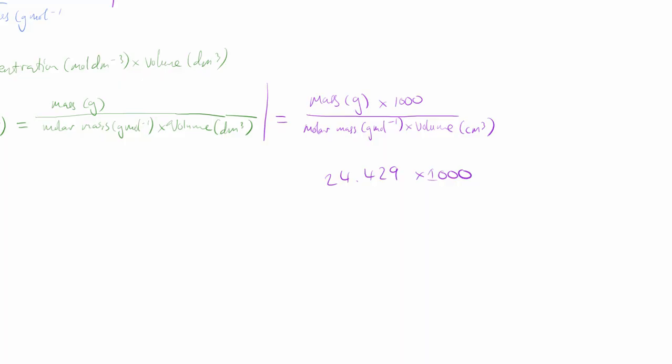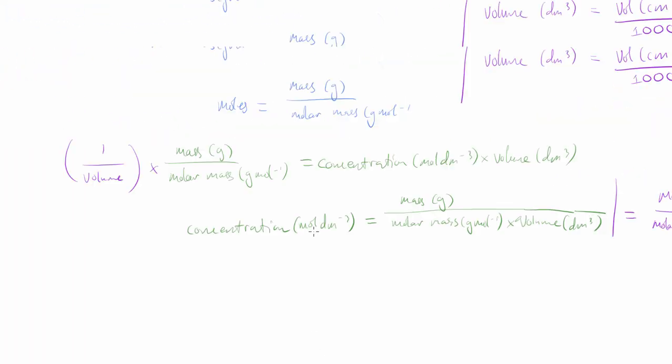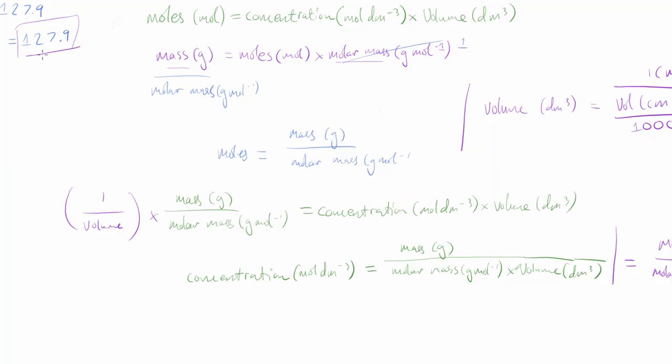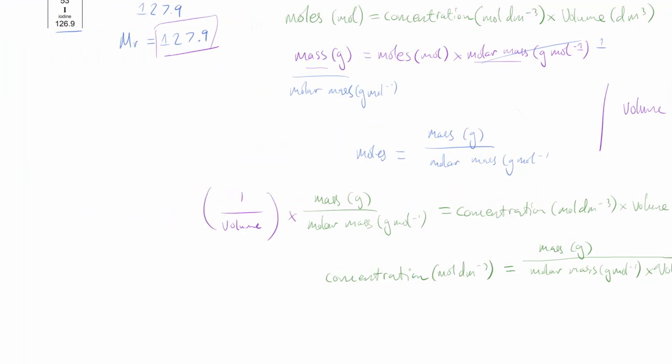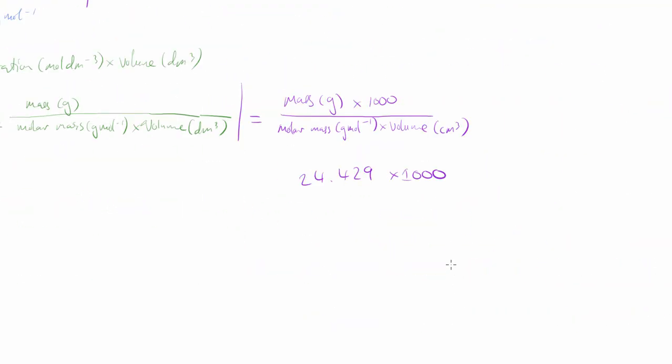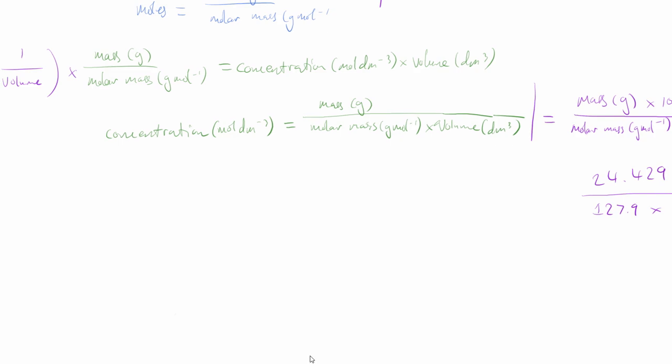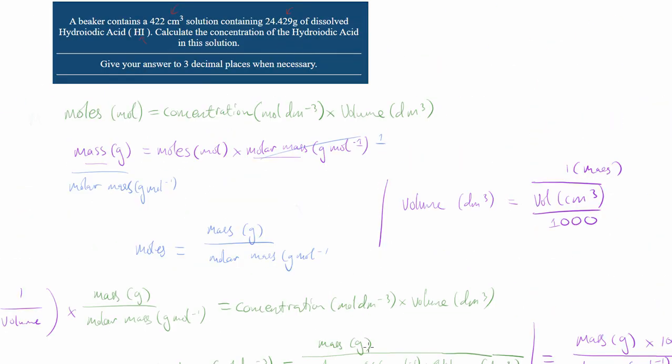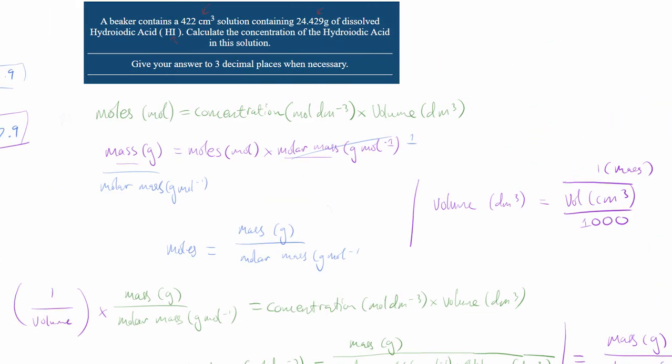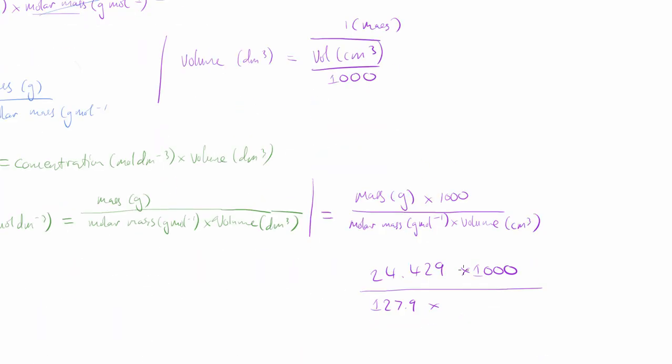As I mentioned, the molar mass in this case is 127.9, so we need to take that as well, and then multiply that by the volume. And in this case, the volume, as we know from the question, is 422 centimeters cubed.